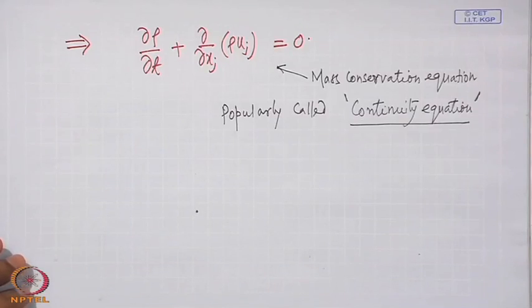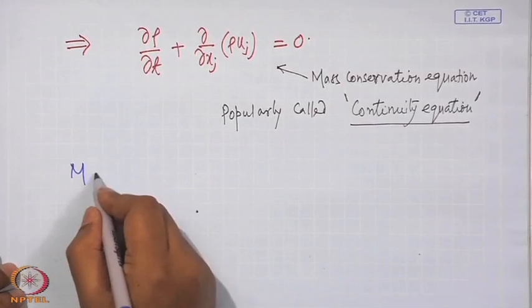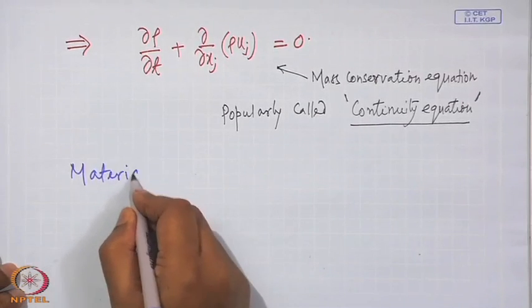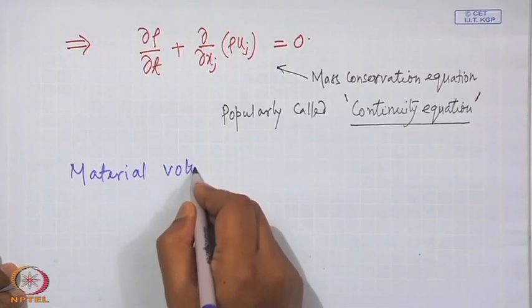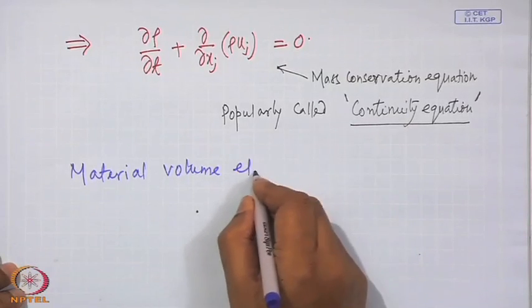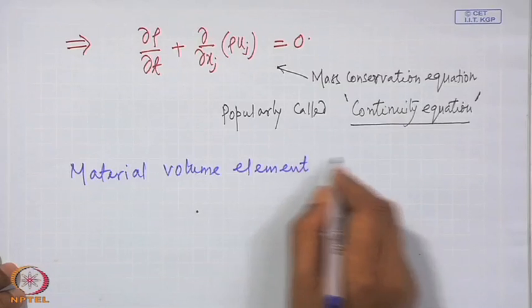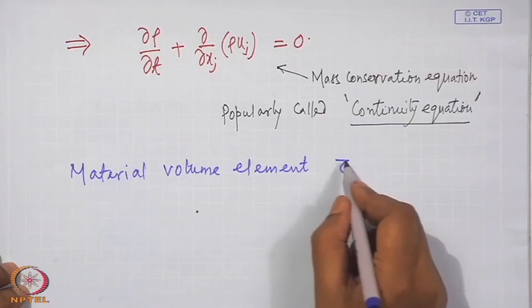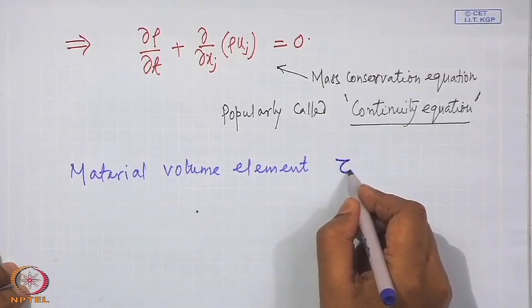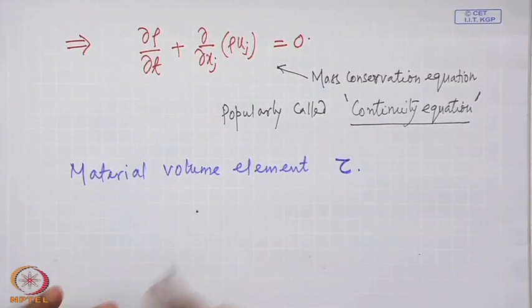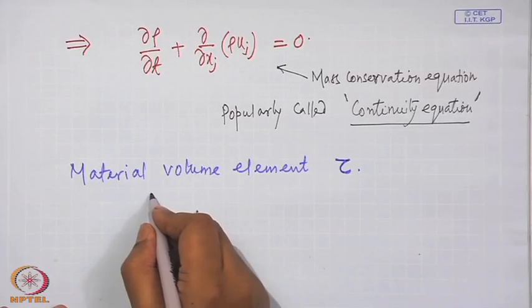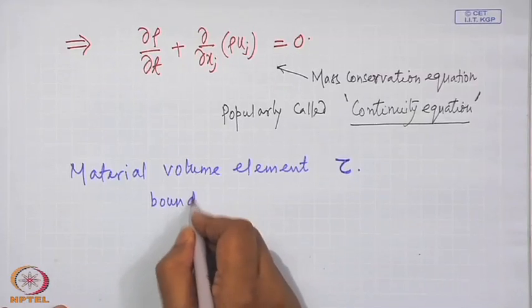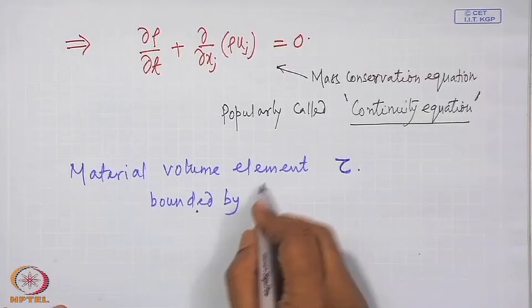Let us call this material volume element. Consider a material volume element tau, bounded by a material surface, and again instead of calling it A, we will call it another name.